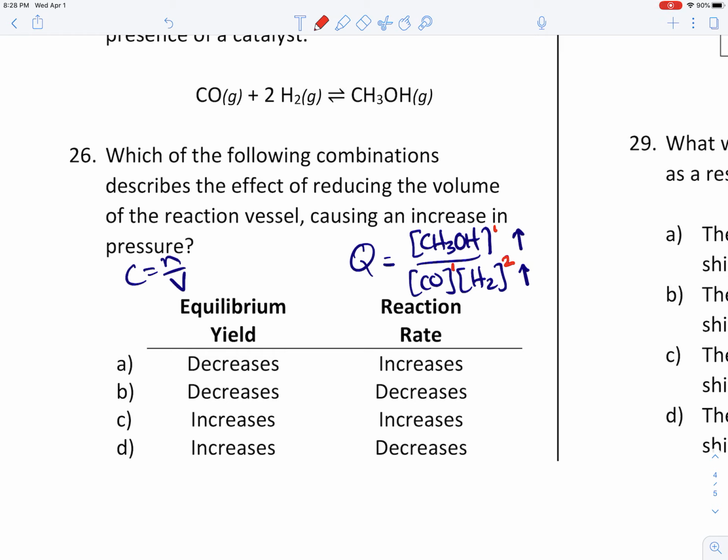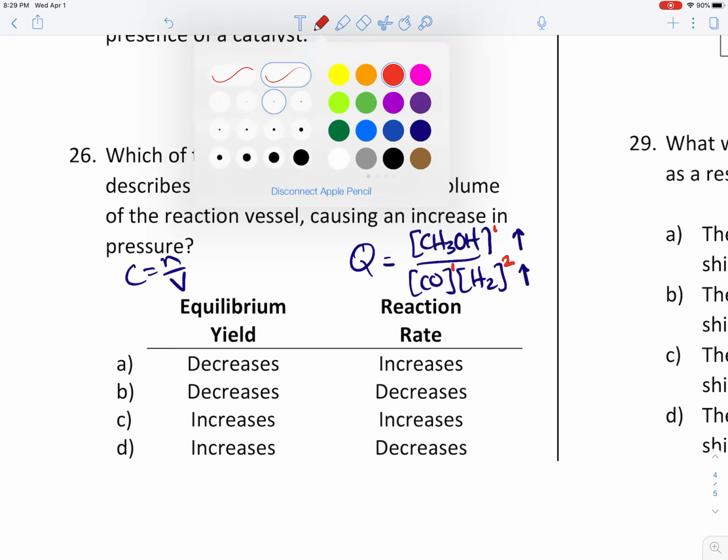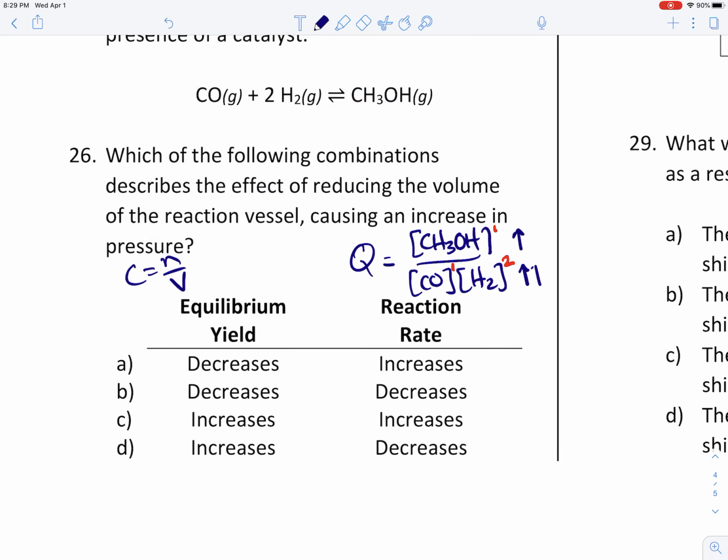So since you increased all three concentrations equally, the numerator and denominator increase, but the denominator, which is third order, it's cubed, would increase even more than the numerator. So the denominator increases more than the numerator. Now you have a bigger denominator than numerator, that makes Q get smaller.